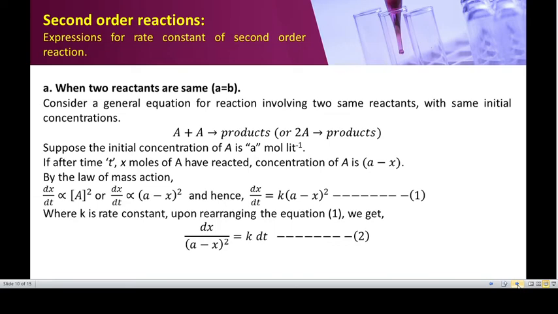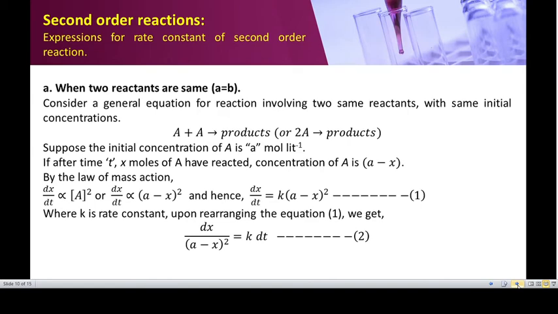Let us look at the first type, where the two reactants are the same. Let us consider a reaction where two reactants, say A plus A, give products. Here both reactants are A. Therefore, 2A gives rise to products.